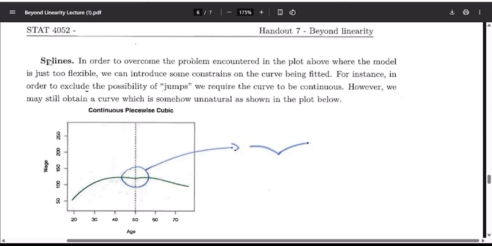We have different kinds of splines, but the one that is very common is the cubic spline. Cubic is a third degree polynomial. Now, in order to overcome the problem encountered in the plot I just showed you before, because that plot was too flexible, and that was why there was a jump.